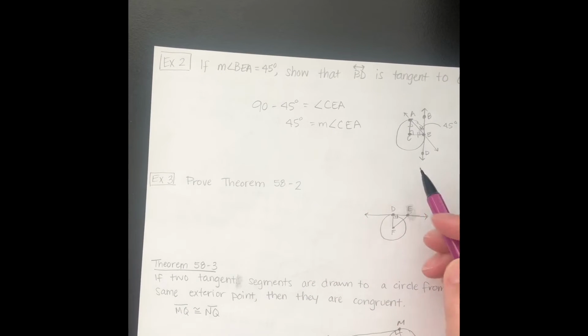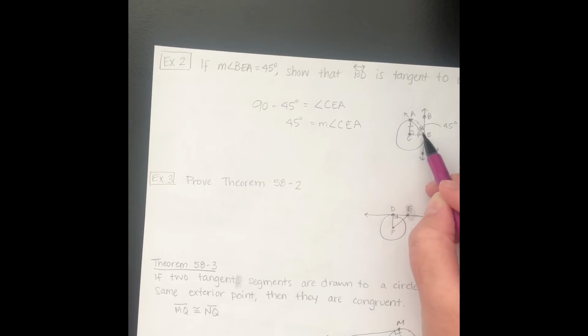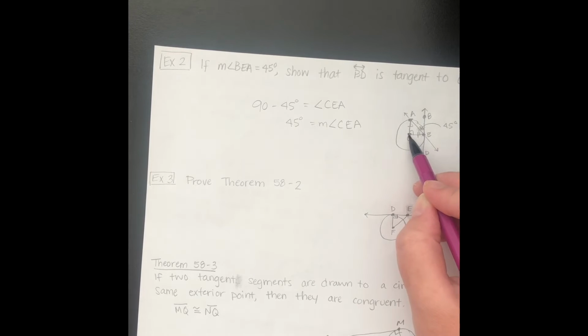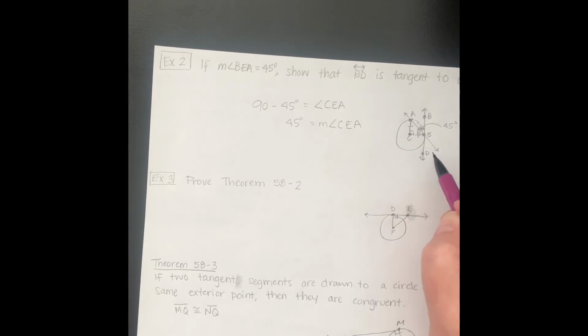That means that this angle is 45 degrees, but we need to show that this is tangent, and the way we can do that is because this is a 90-degree angle, 45 and 45. In our last theorem, 58-2, it says that if a line is perpendicular to the radius, and this line is perpendicular to the radius because we've got a 90-degree angle, then the line is tangent to the circle.